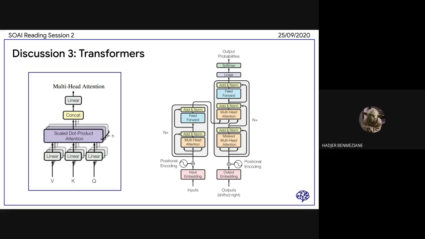But in the encoder and the decoder, we're not going to find layers that contain vanilla RNN or LSTM cells. We're going to find some other operations, and these operations are really efficient and fast because they don't have this recurrence. So it's really a plus.